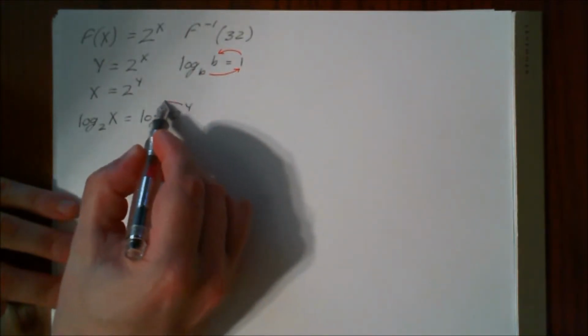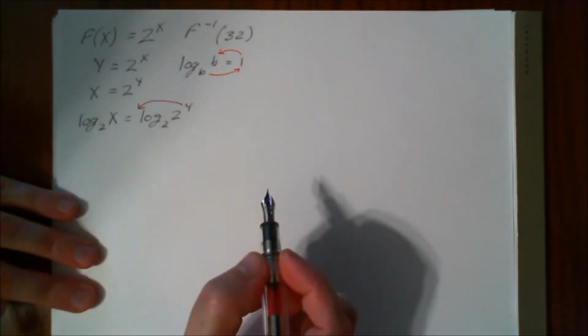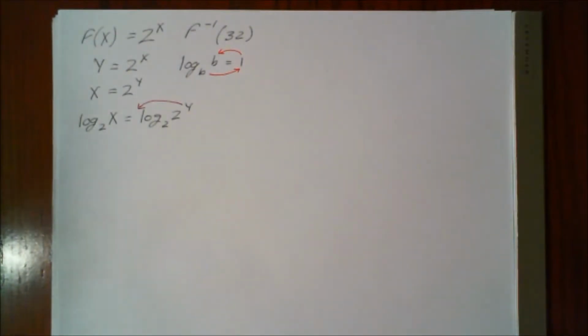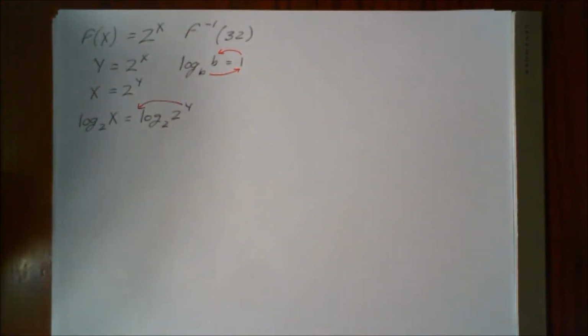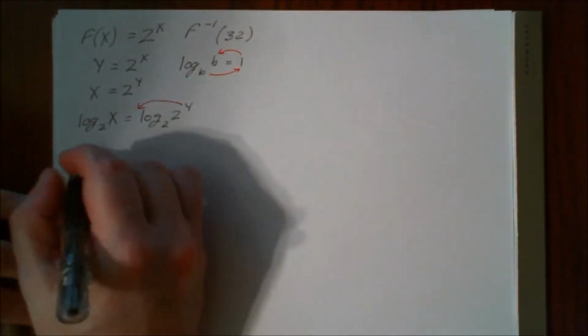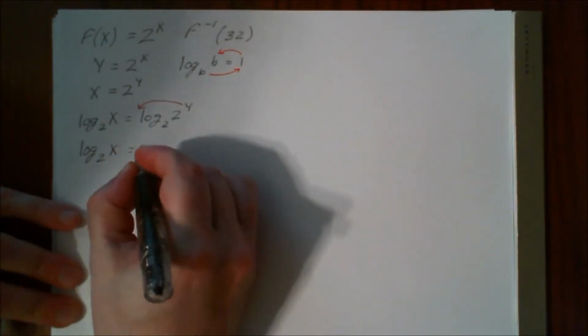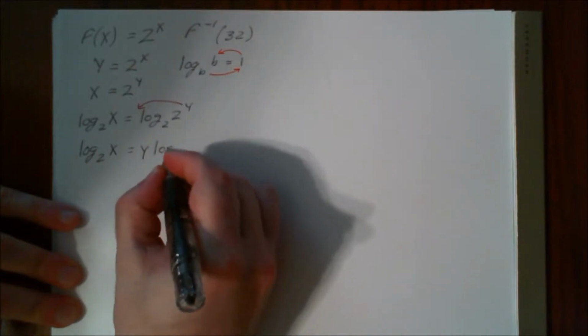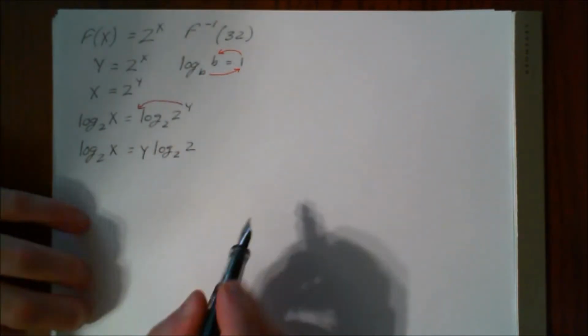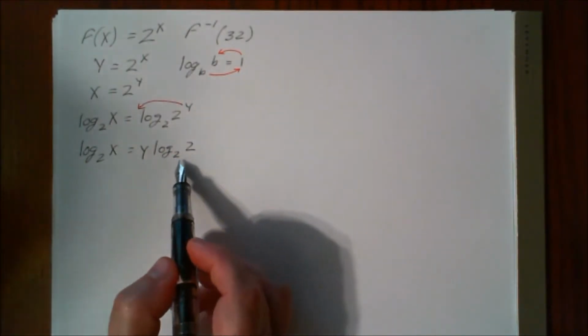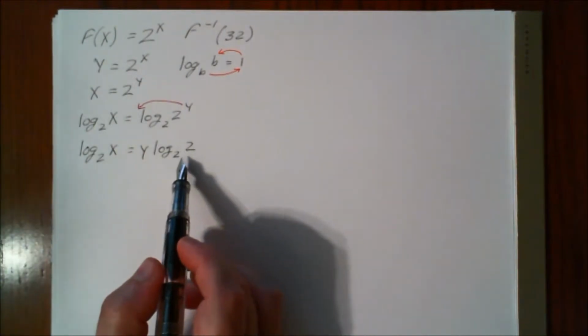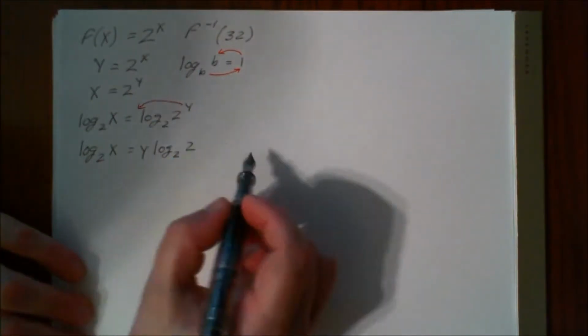And we're going to use that property, but we're moving backwards here. So this is how we're going to isolate that y. We're going to move that y in front of the log. So we've got log base 2 of x equals y times log base 2 of 2. And remember, log base 2 of 2 actually equals 1. So at this point I've isolated my y, because 1 times y is y.